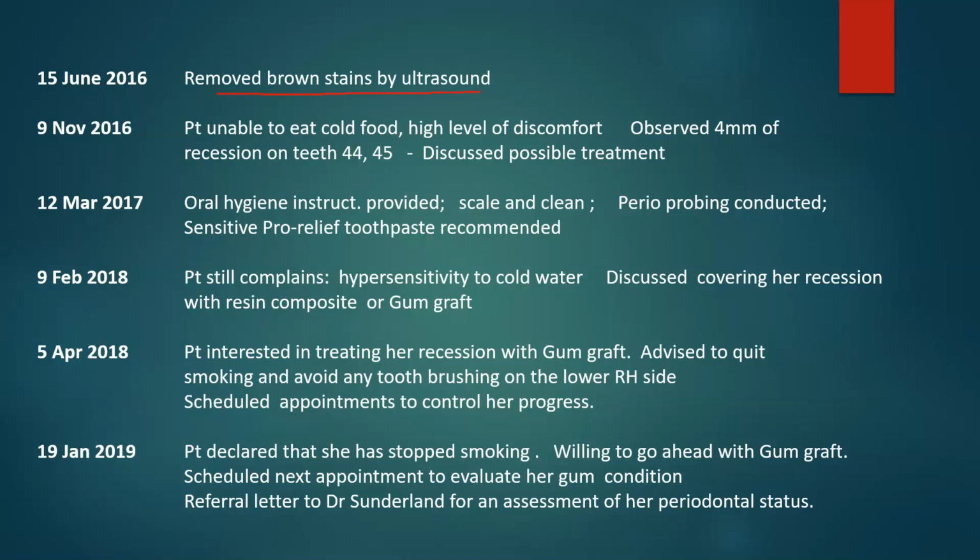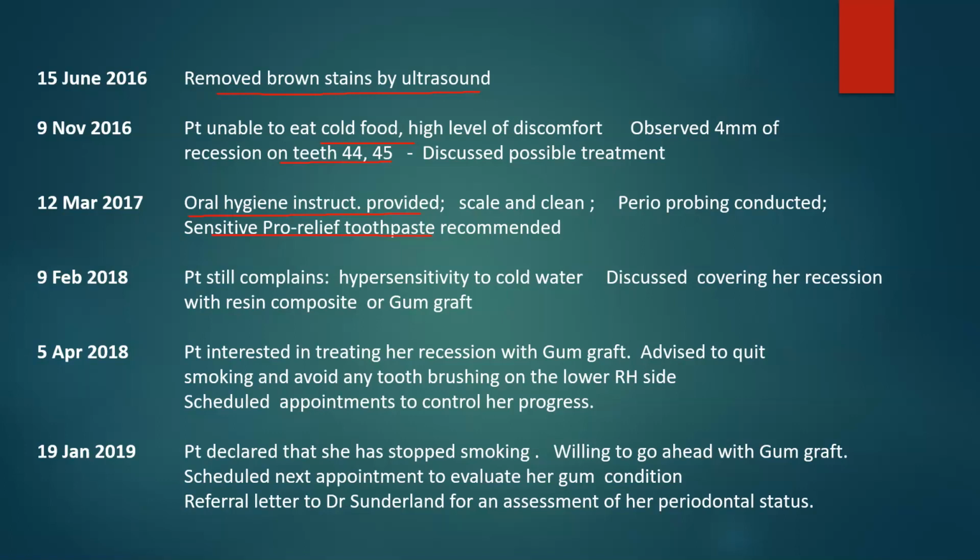She can't eat cold food, so she probably balks at eating ice cream. And it was observed back in November that she had 4 millimetres of recession on teeth 44 and 45, which is quite a bit. Anyway, oral hygiene was instructed again and more scaling and cleaning, and she was recommended to use sensitive pro relief toothpaste, and she's still very sensitive to cold water.